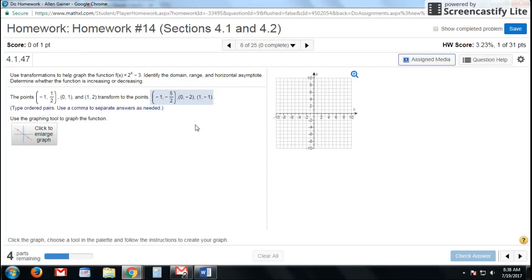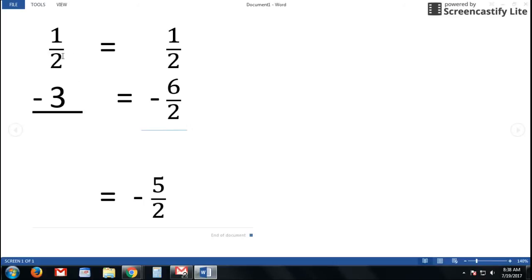The one that is a little bit harder to do is the 1/2 that is with the first ordered pair. 1/2 minus 3, in order to do that subtraction, we have to have a common denominator. So let's leave the 1/2 as it is, but change negative 3 into something with a denominator of 2. 6 over 2 is the same as 3.